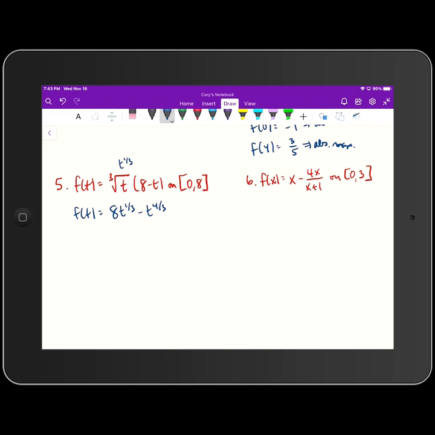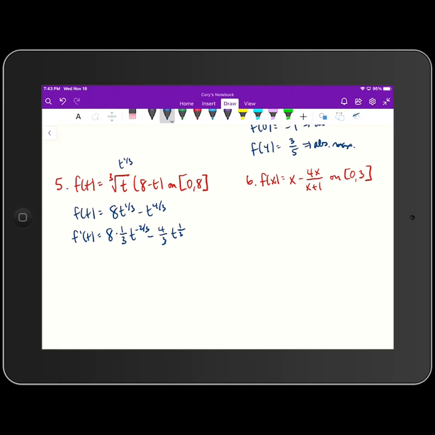And I'm going to use power rule to differentiate. You should get the same result however you do it. So I can pull 8 out front. The derivative of t to the 1/3 power is 1/3 t raised to the negative 2/3 power, minus the derivative of t to the 4/3 power, which is going to be 4/3 t to the 1/3 power.